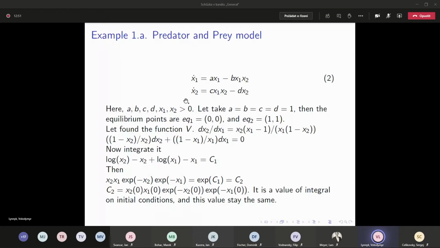Okay, we can find the function V with the next steps, like in the presentation in the lecture.